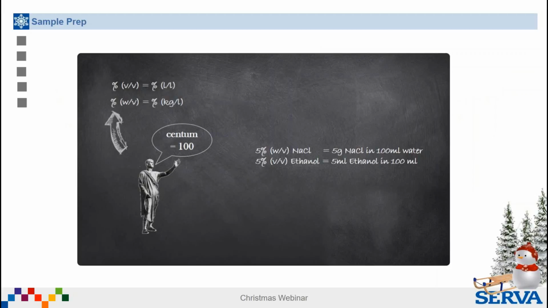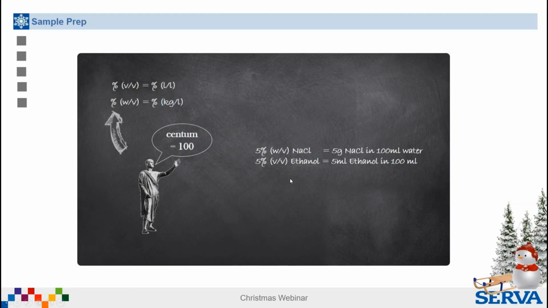Next thing for sample preparation and solutions is very often made wrong. This is the reason that I show this slide again. It was from the Christmas webinar of last year, and this is the volume and weight percentage. So what does that mean? In the old Roman times, centum is the number 100, and this is referring as well in the percentage, per 100.